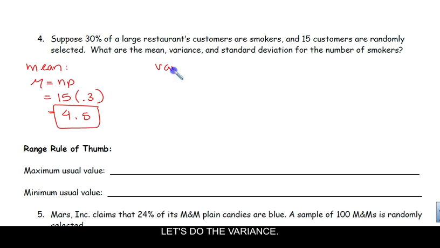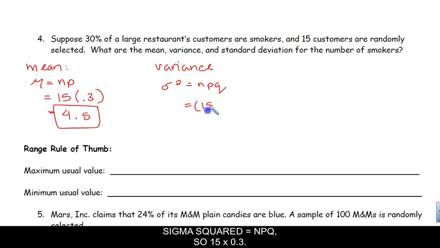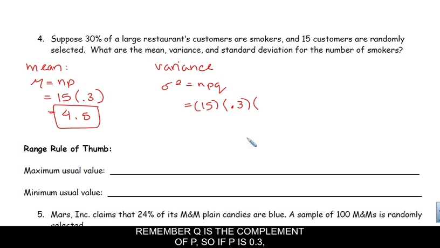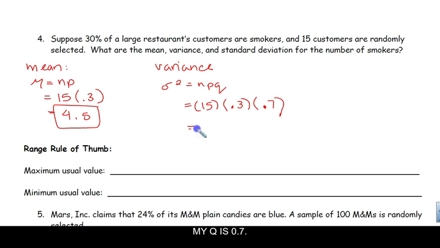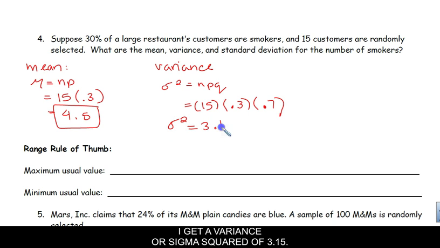Let's do the variance. Sigma squared equals NPQ. So 15 times 0.3. Remember, Q is the complement of P, so if P is 0.3, my Q is 0.7. If I multiply those out, I get a variance, or sigma squared, of 3.15.